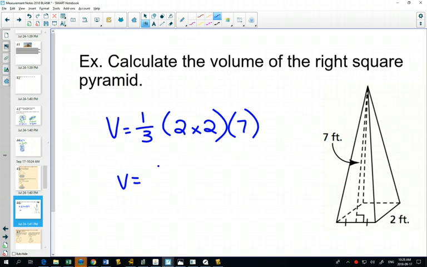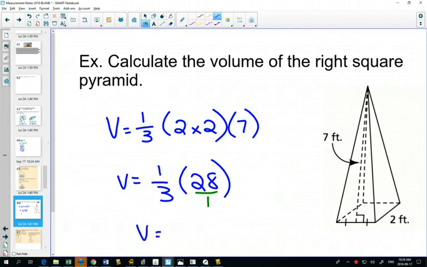Okay, if I have 1/3 times 28, well, I can think of fractions. 28 is the same as 28 over 1, right? And how do I multiply fractions? Multiply our numerators, multiply our denominators.